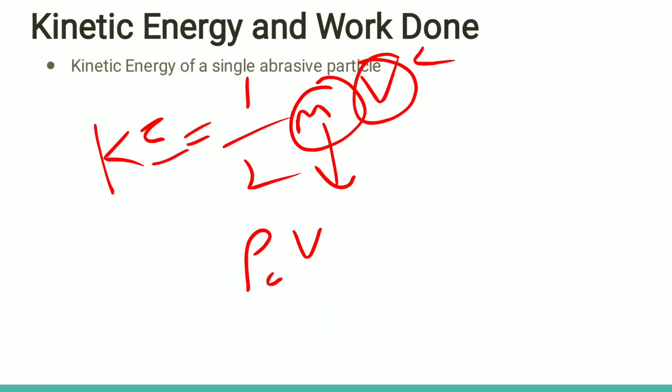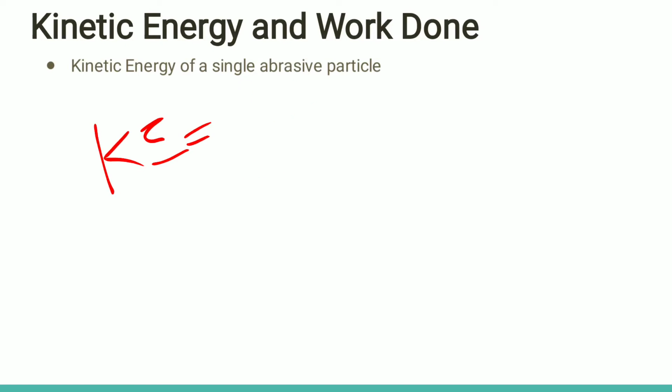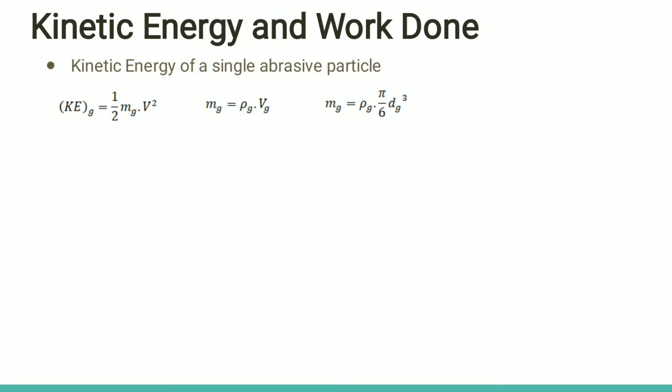The kinetic energy will be half of mg into v square, where mg is equal to rho g into vg, that is pi by 6 dg cube. When you put it in, you will get pi by 12. This kinetic energy will be equal to pi by 12 rho g into dg cube into v square. Okay, so this is the kinetic energy.